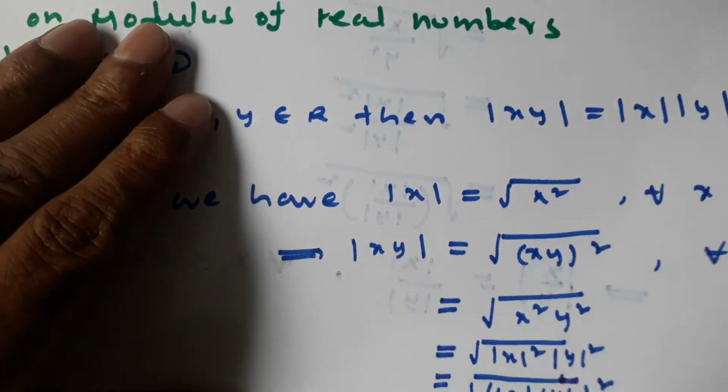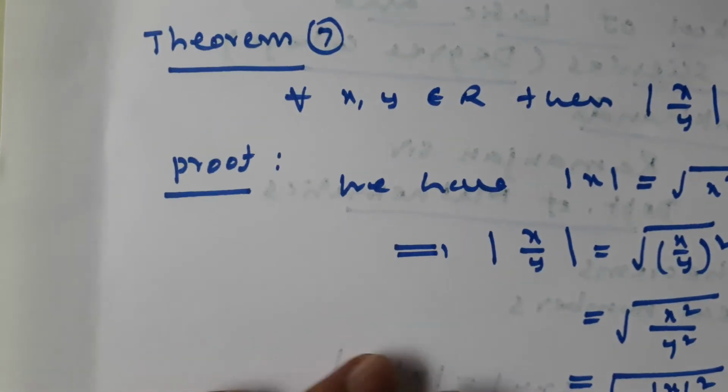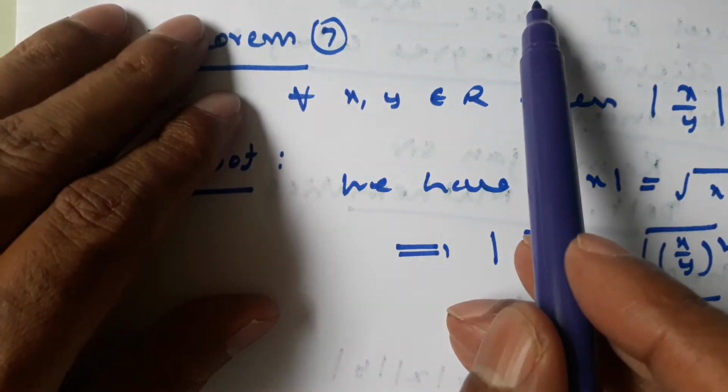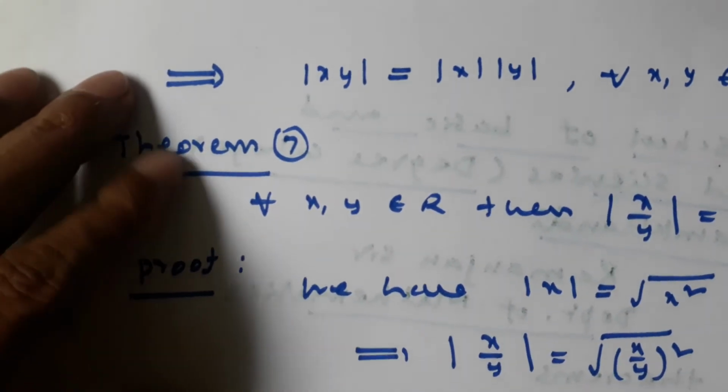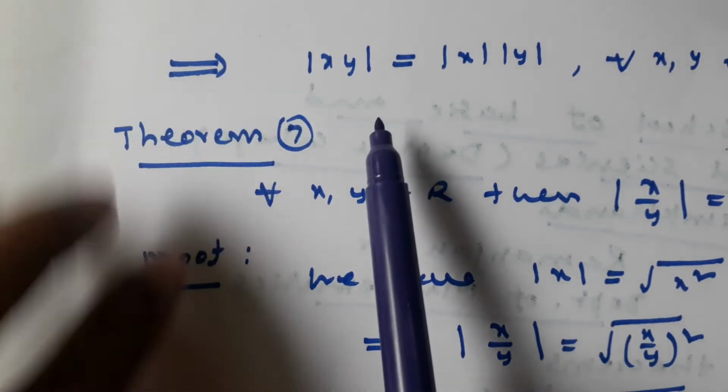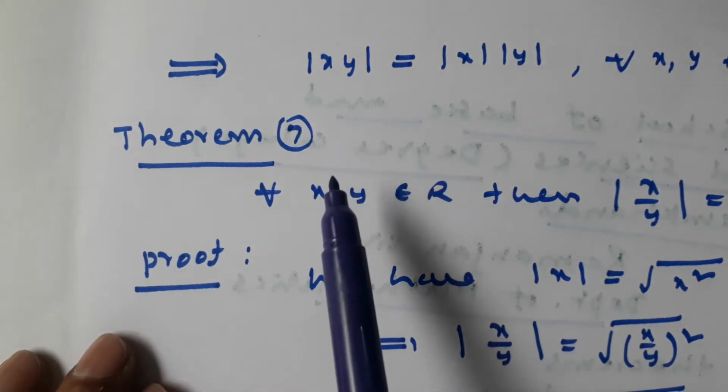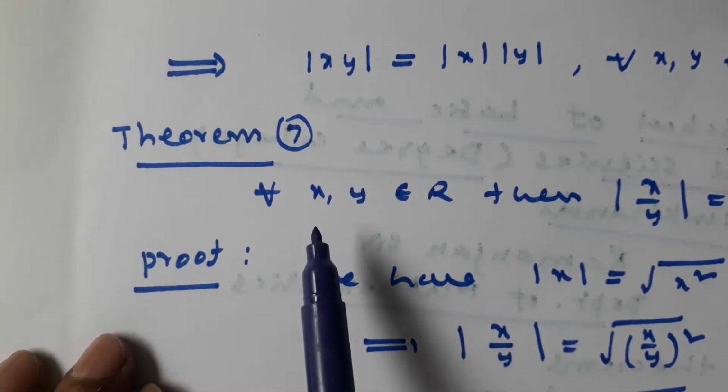The remaining is mod xy is equal to mod x into mod y, for all x, y belongs to R. So this is true for the product. It is also true for the quotient.